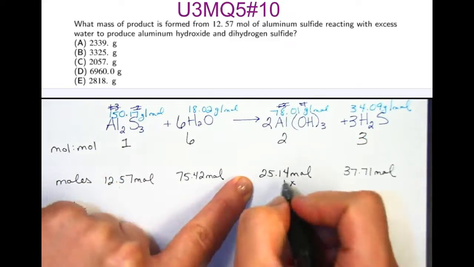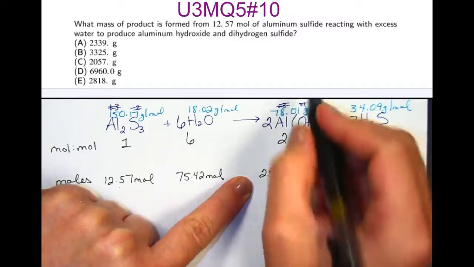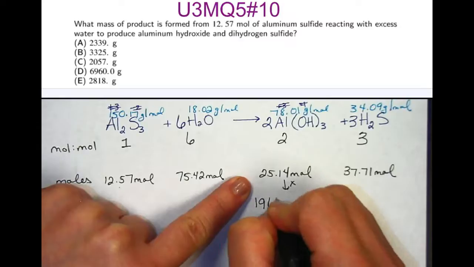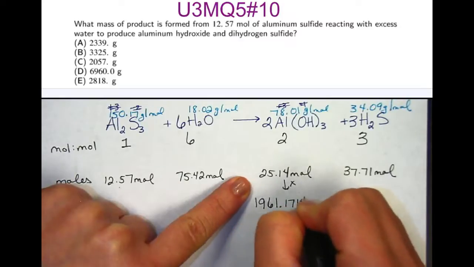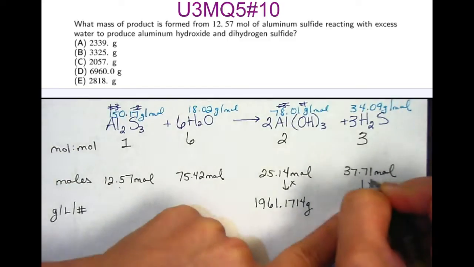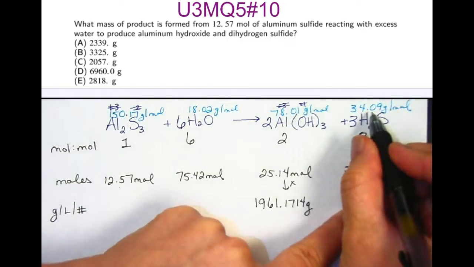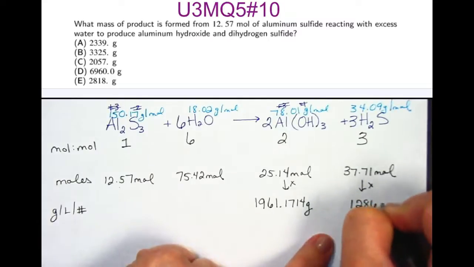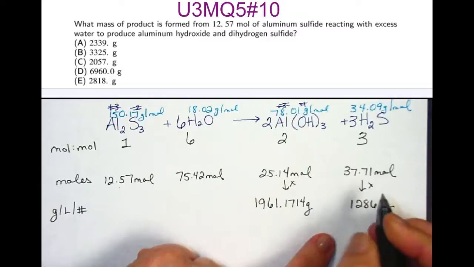So 25.14 times 78.01 gives me 1,961.1714 grams of aluminum hydroxide, and 37.71 times 34.09 gives me 1,286 grams of dihydrogen sulfide.